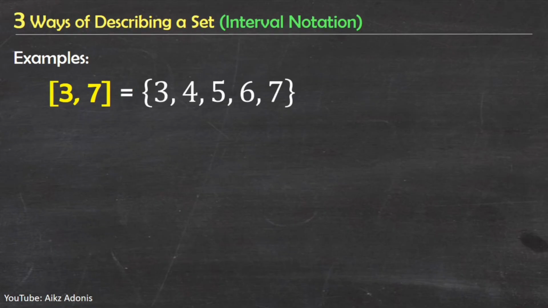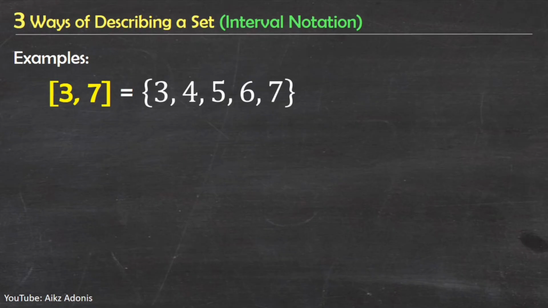So if we will list all the elements in this interval notation, we will put the elements 3, 4, 5, 6, and 7 inside the braces. Again, these are the braces while these are the brackets. Now, what if the symbol beside 3 is an open parenthesis?